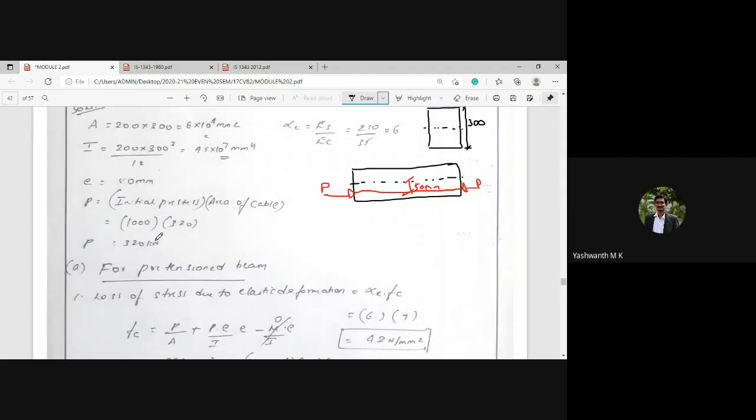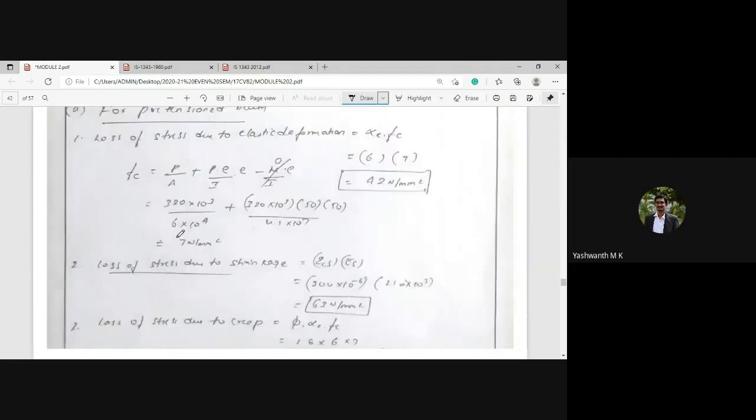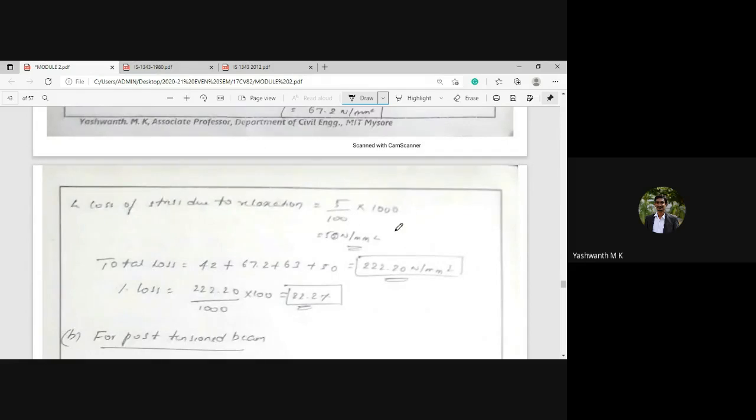That is the initial pre-stress value, so please be careful. 5 divided by 100 into 1000 will get you 50 Newton per millimeter square. So this is the loss of stress due to relaxation. In the absence of relaxation data, you can go to the code and pick up the values from Table 6. Is it clear?